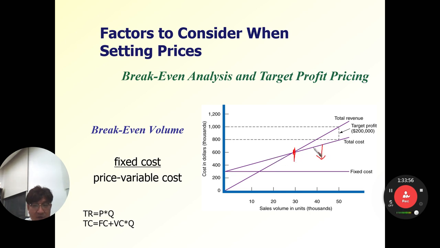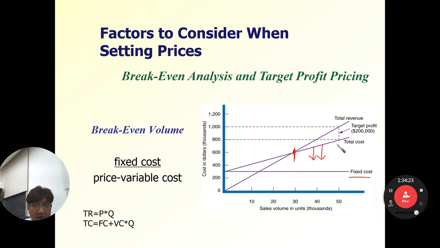If we move the total cost line in this direction parallel to the x-axis, which means what? You are lowering the y-axis intercept, okay? Which means what? You lower your fixed cost, right?